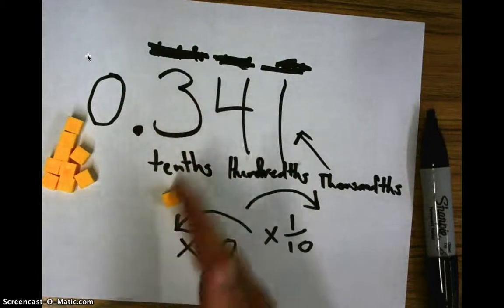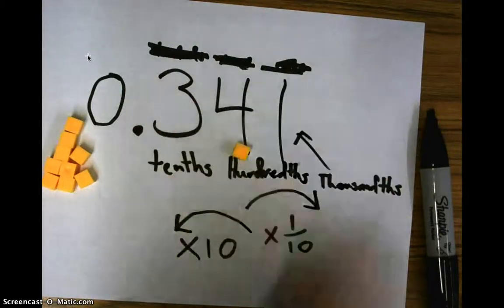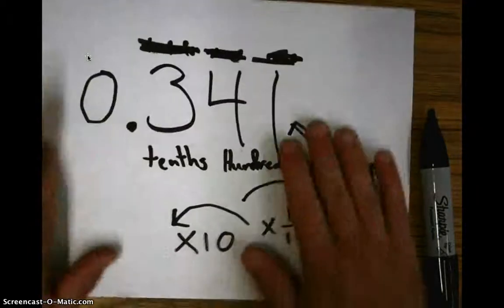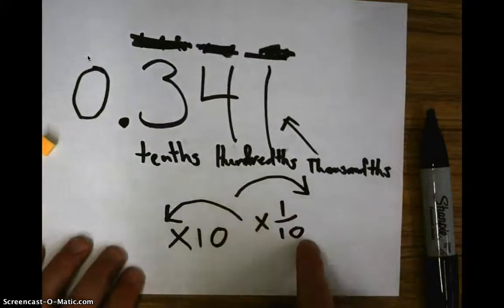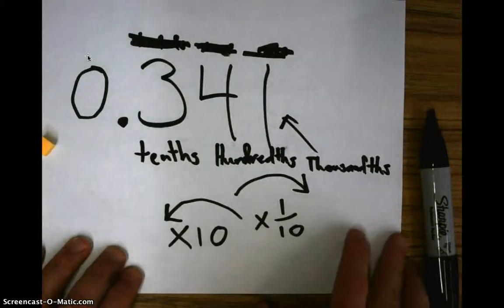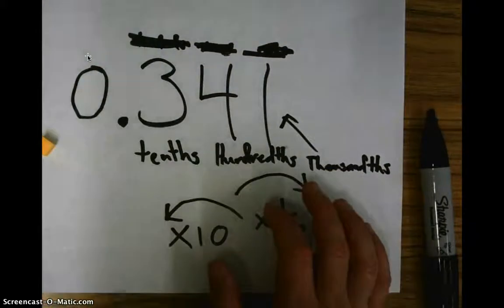So I would slice this up into 10 pieces. That would be 1/100th. And really what you're doing there is moving down times 1/10. So it works on either side of the decimal point, and we work with a base 10 system.